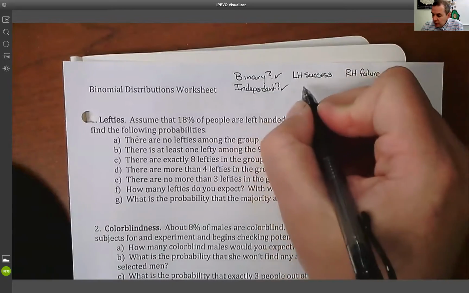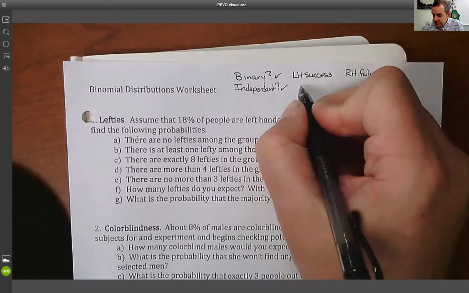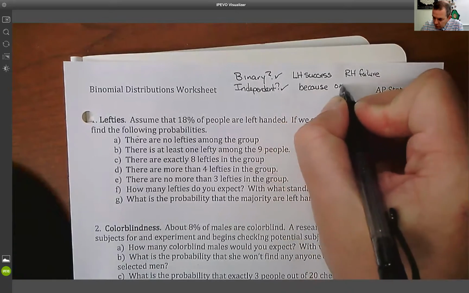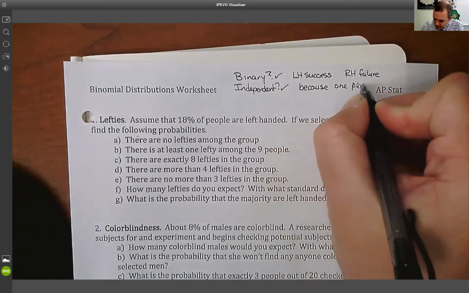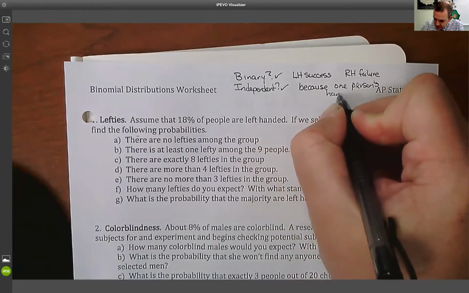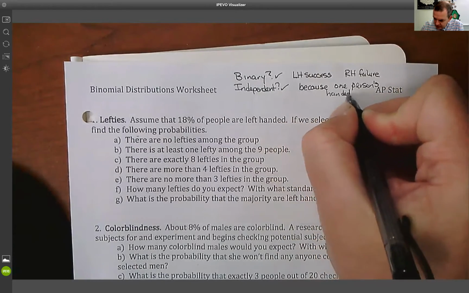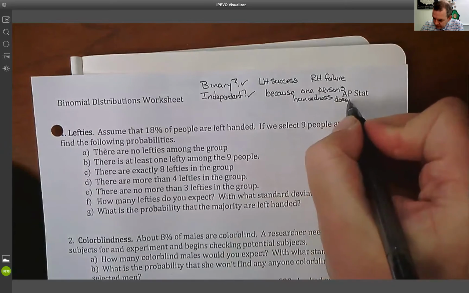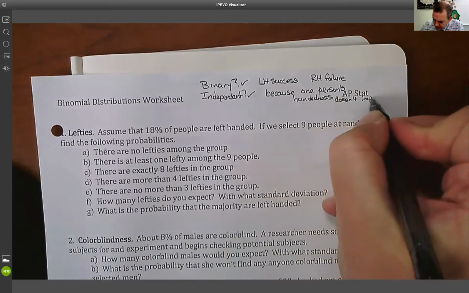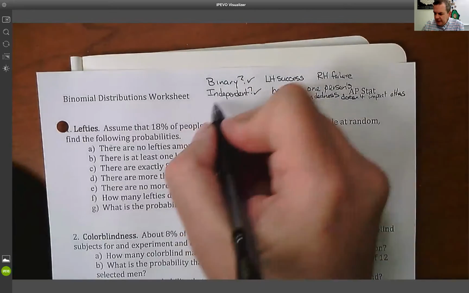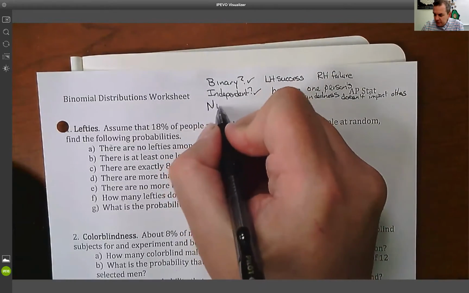The answer is no, and so the reason it's independent is because one person's handedness doesn't influence another's, doesn't impact others.